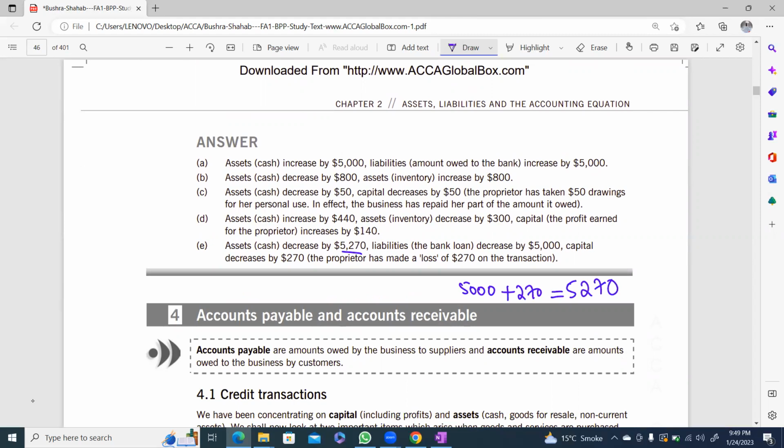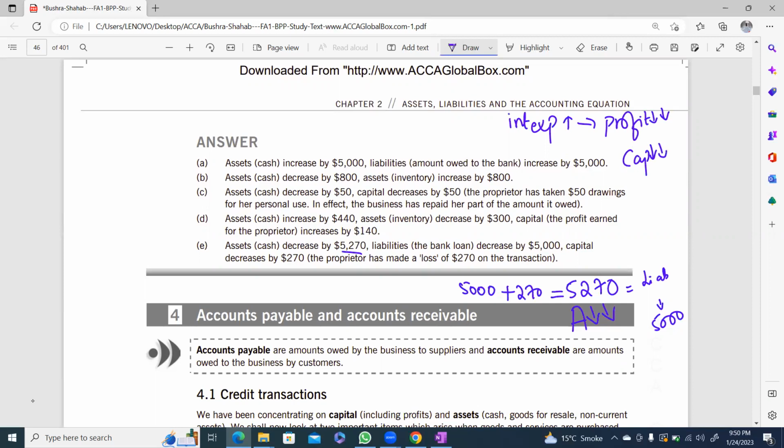On one side your asset, the cash, will decrease, and on the other side liability will decrease by 5,000. Interest is an expense, so if expense increases, the profit will decrease, and in short, the capital will also decrease.